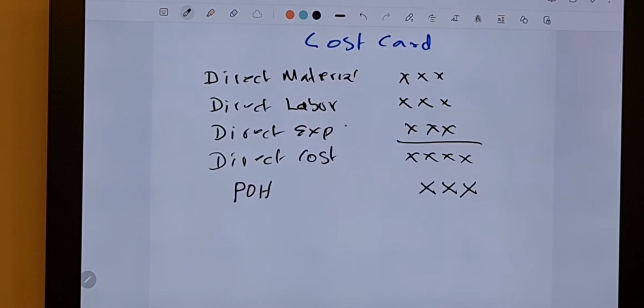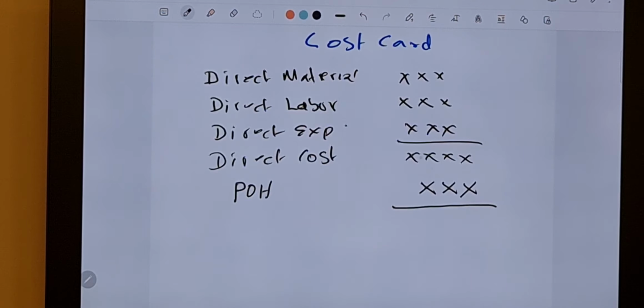What about rent of a finished goods warehouse? That goes to admin expense, which is a non-production overhead, an indirect cost. But factory rent is related to the factory, therefore production overhead.